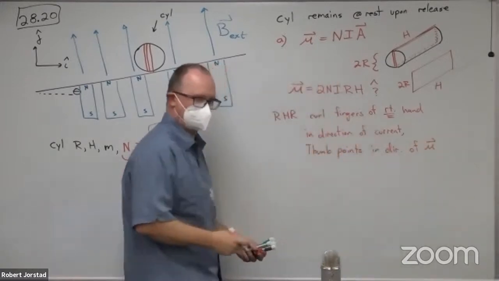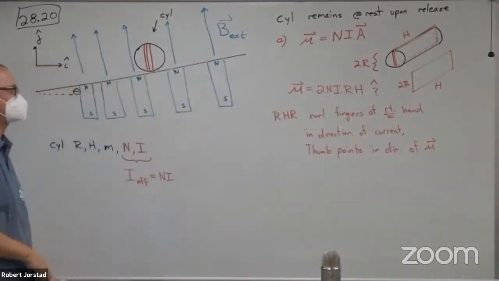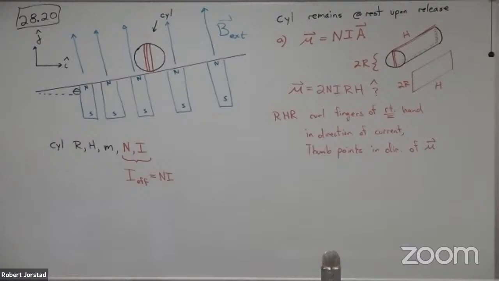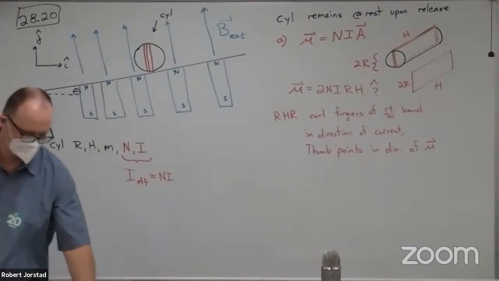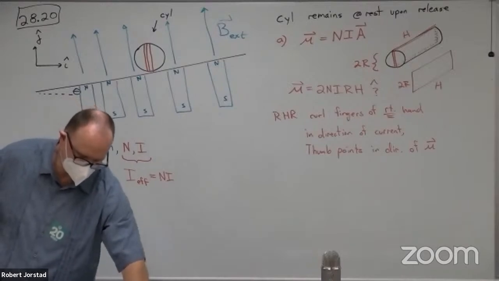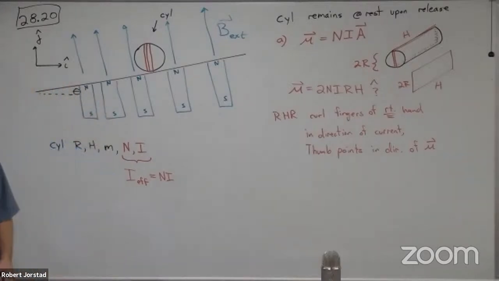Or I could say it points mu hat, right? All right. Well, which way is current flowing? Darn it! We don't know, but I claim you do know, or can figure it out. Any ideas from anyone? Zoom land, any ideas out there? What are your thoughts, Zoomers?